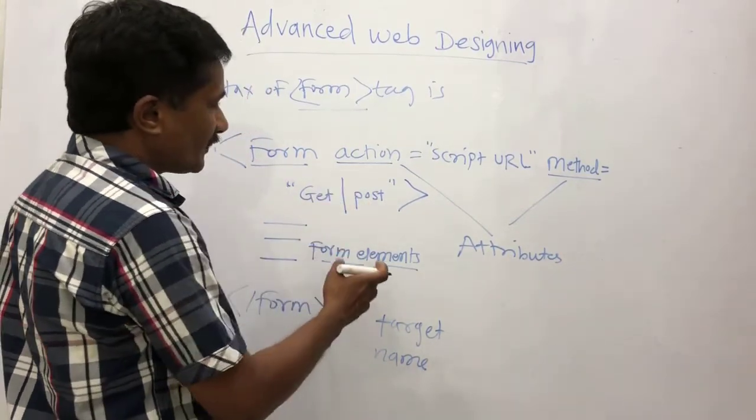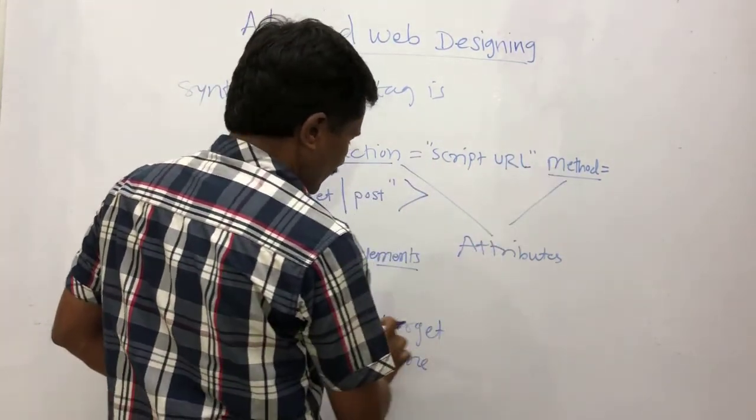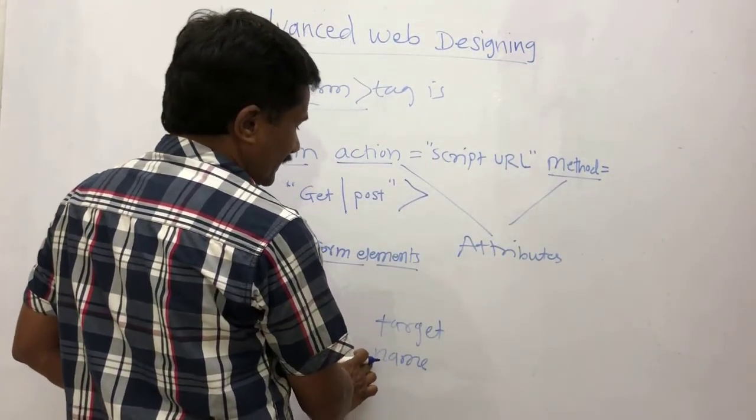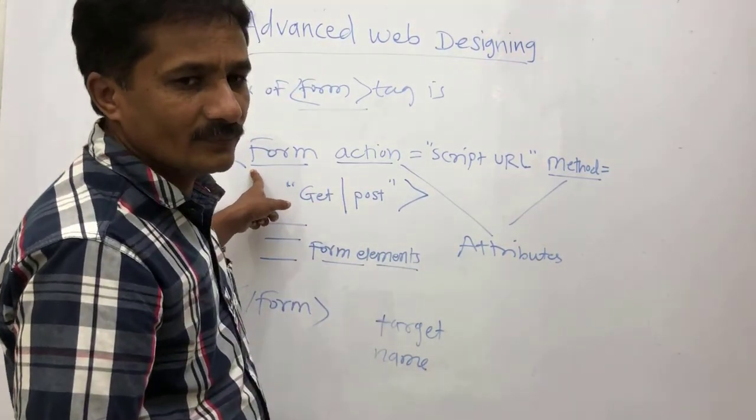These are some commonly used attributes of the form tag: action, method, target and name.